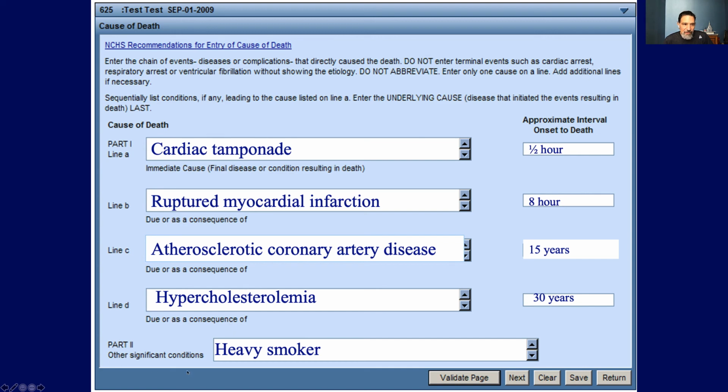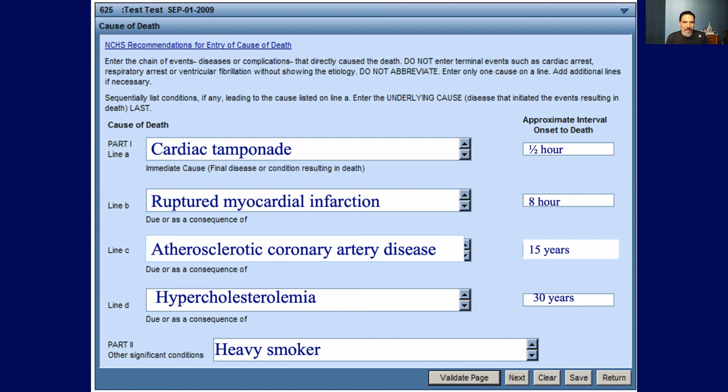And the other significant condition contributing to all of this is, in this case, smoking. So this is the kind of information for every death that occurs in New York City each year, and it's about 50,000 or so.